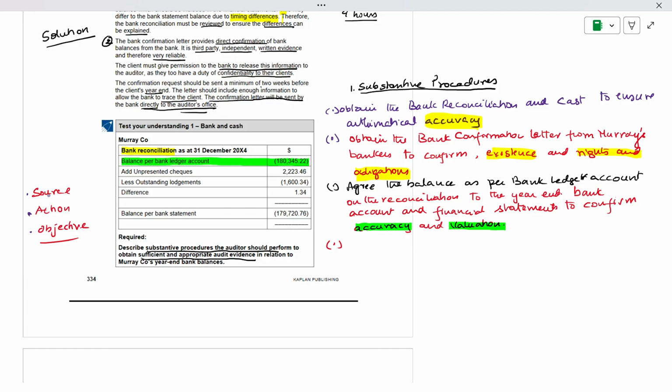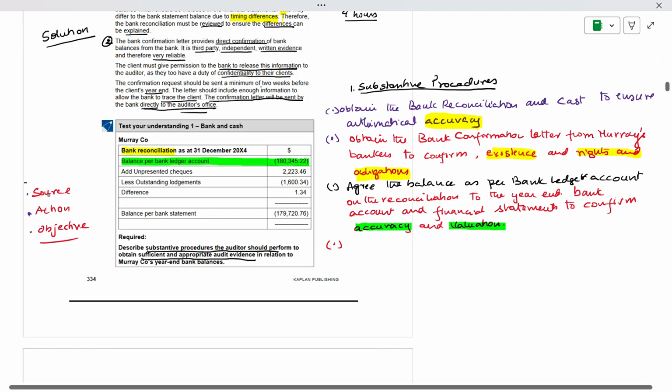Without confirmation you cannot cross-check. Whatever the bank ledger account amount is, that same amount should be in the financial statements. It is very difficult to write in sequence, but even if you are not writing in sequence, you have to follow these 3 rules.